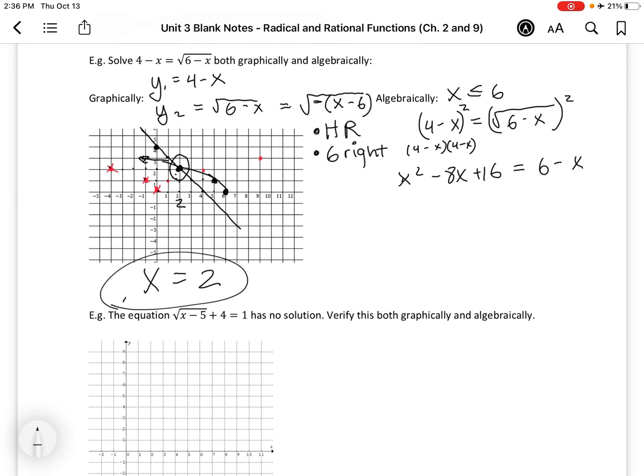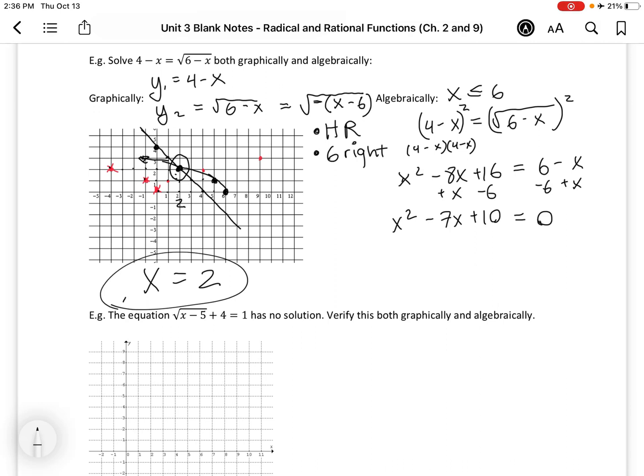Okay, now this is quadratic, so I can now equate one side to 0. So I'm going to subtract 6 and add x to both sides. And then what I'm going to see is that the right side equals 0, and the left side is x squared minus 7x plus 10.